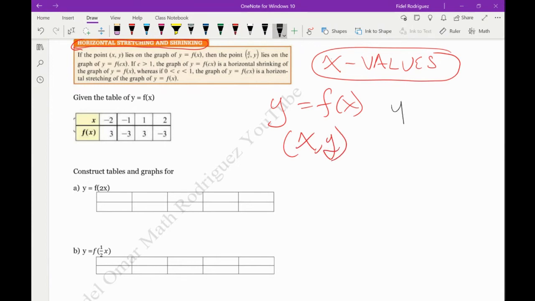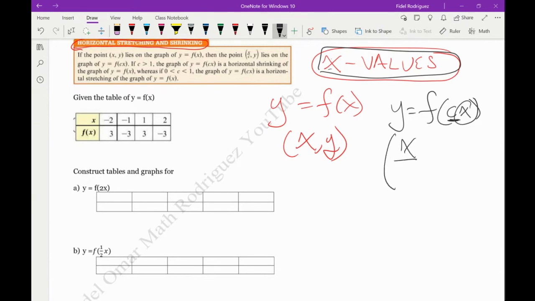But if we now have y equals f of c x, notice where that number is. It's on the inside, right next to the x, and that's why we're changing our x value. The way we're going to write our points now is x divided by c, and the y numbers aren't going to change. So, like I said, the y numbers are going to stay the same.